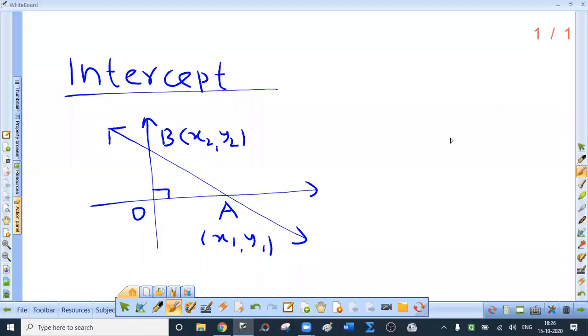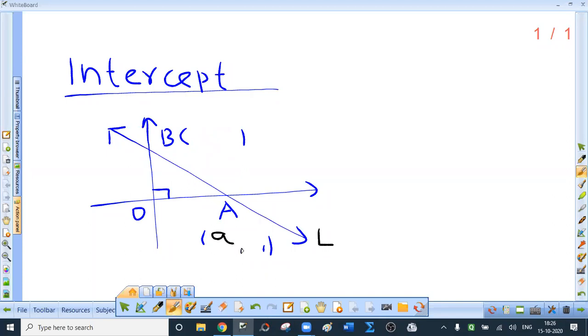Now we discuss the intercept of a line. Suppose line L cuts the x-axis in the point A0. Actually, I should have denoted that point by A0. So this point is A0 and this is 0B.